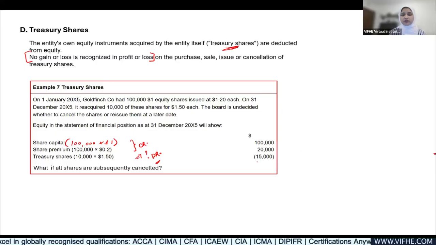In order to do that, it has to have a debit impact only, then they will reduce my credit balances of 10 and 20.